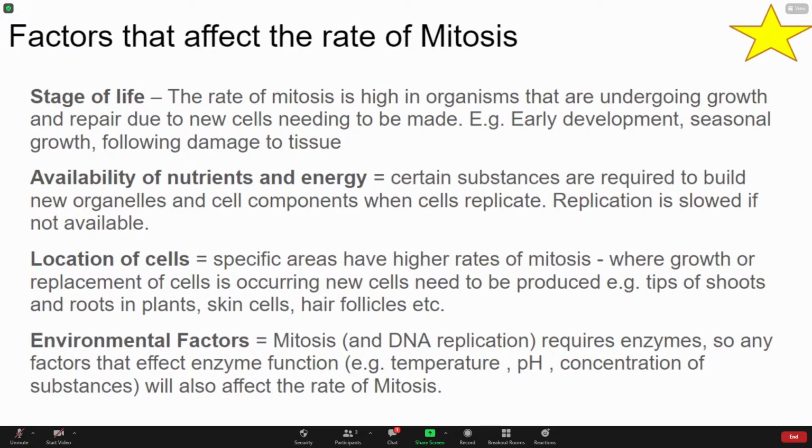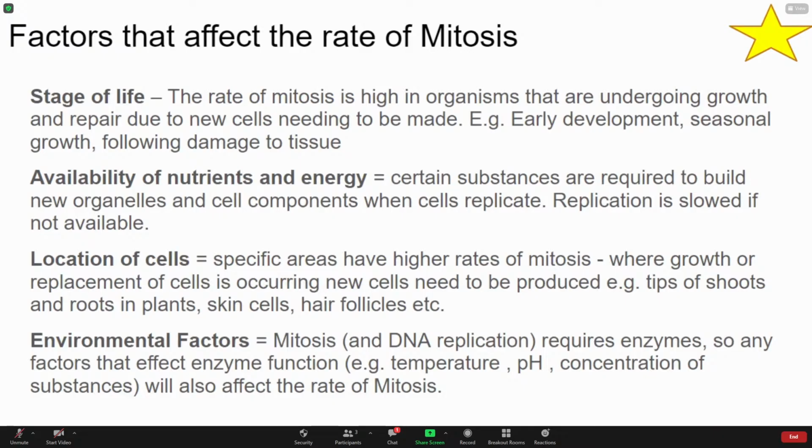Some cells, based on their location, will have higher rates of mitosis than others. This is again where there are periods of growth happening. If we're talking about a plant, areas of the plant where you will see high rates of mitosis are, of course, the growing shoots of the plant, and also the roots or the root tips. There's a lot of mitosis occurring there because those parts of the plant are continually growing. They are replacing cells.